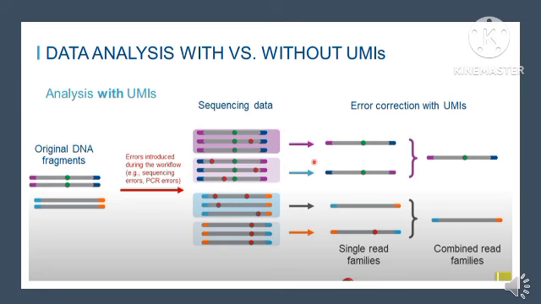When you run a bioinformatics pipeline for error correction with UMIs, only the true variant will be called as a true mutation. All these red dots, that is PCR errors, sequencing errors, errors introduced during the sequencing workflow, will be neglected. So ultimately you will be calling a true variant as a true mutation in this patient.